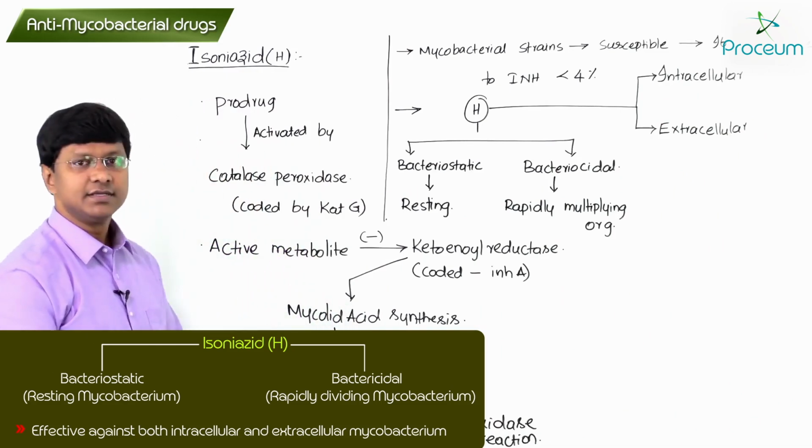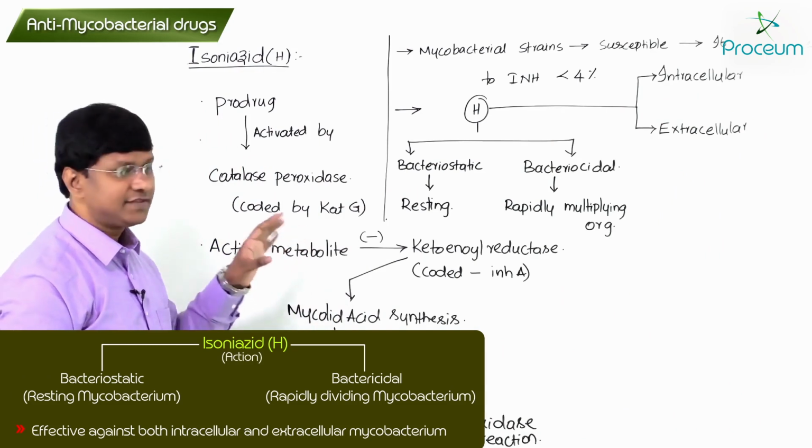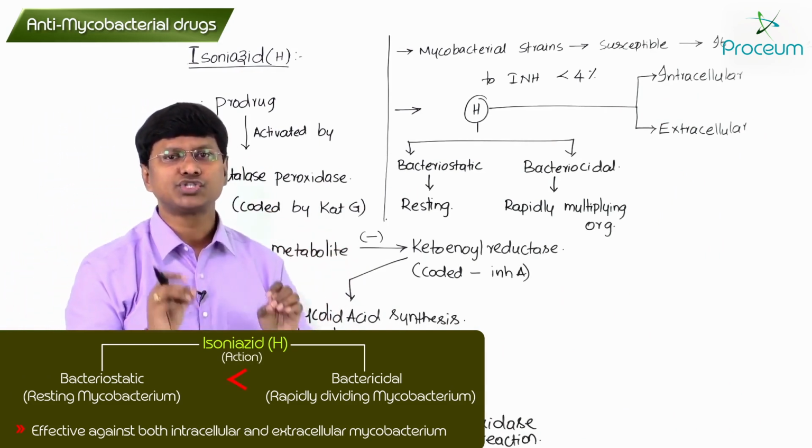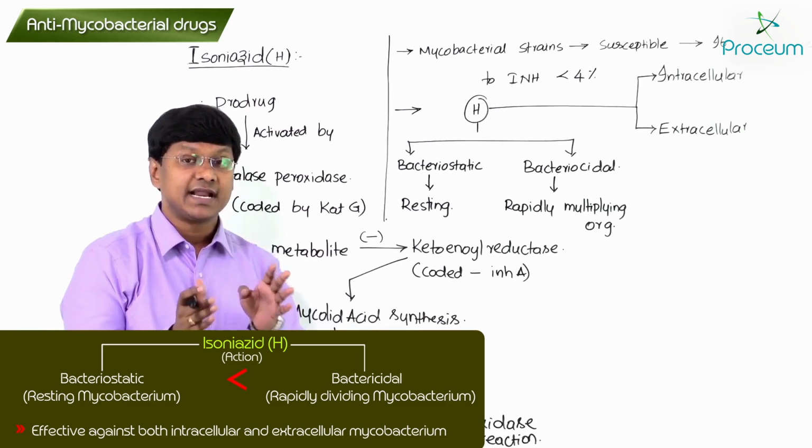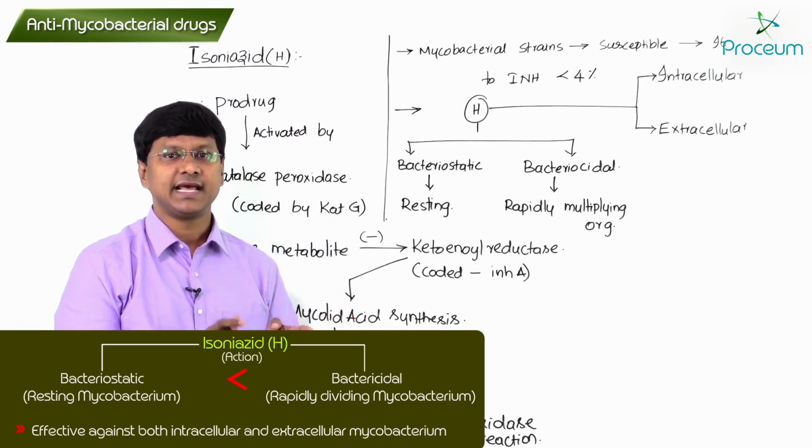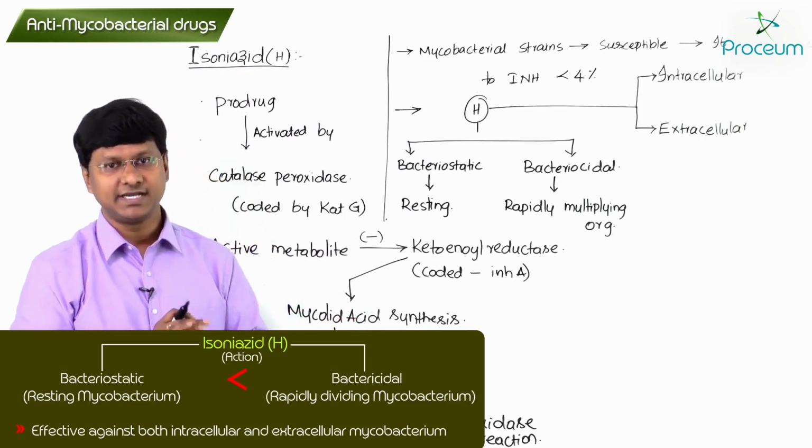Now remember, the action of isoniazid is most marked against rapidly multiplying bacilli rather than the slow multipliers.